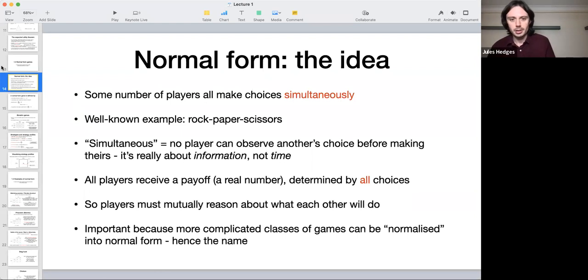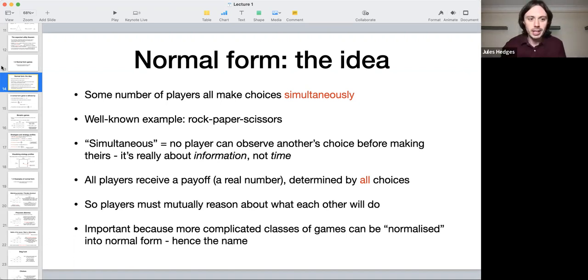So let's see the general idea. In normal form games, we have some number of players and they're all going to make choices simultaneously. An example of this is rock, paper, scissors. When two players play rock, paper, scissors, they simultaneously throw hands. And in that case, it really is simultaneous in the sense that the two players move at the same point in time.